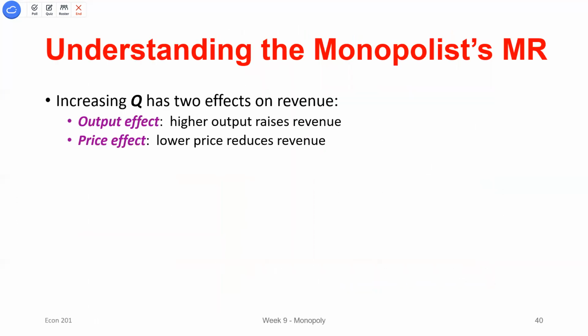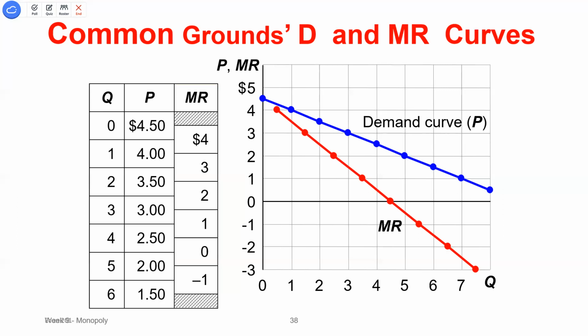I'll jump in a little bit here, and then we'll talk about it more in depth. Just like with perfectly competitive firms, the monopolist, now that we know where their marginal revenue curve is, is also going to face some marginal cost.